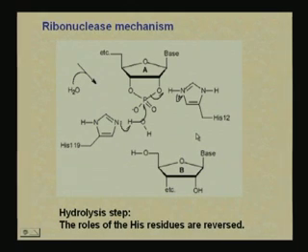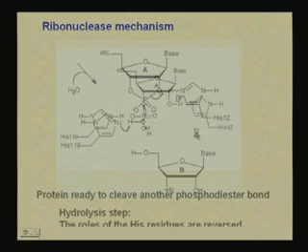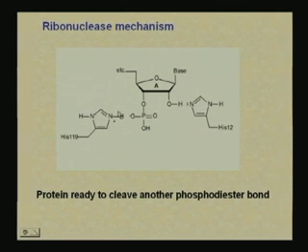We are back to our ribonuclease A, where histidine 119 is now ready to provide another proton to behave as an acid, and this histidine 12 has now lost the proton that it had, and it is now back with the electron pair. What can it do? It can donate to another RNA molecule or another part of the RNA chain, where it will be able to cleave another RNA phosphodiester linkage.